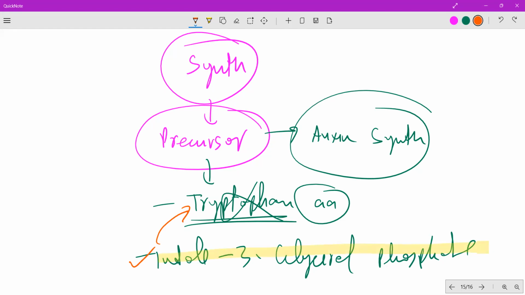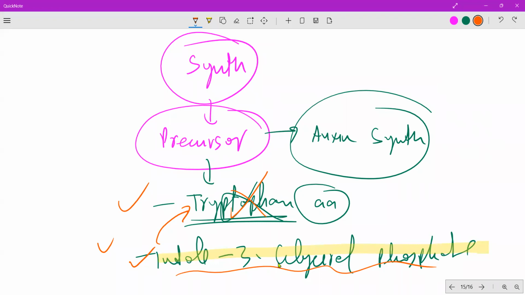The examiner can catch you from anywhere. He didn't give this, he gave that. So indole 3 glycerol phosphate is the precursor for the synthesis of tryptophan. So both are correct. Remember both. Tryptophan is very common, everybody knows, and indole 3 glycerol phosphate many students do not know, but this is also a precursor. Okay.